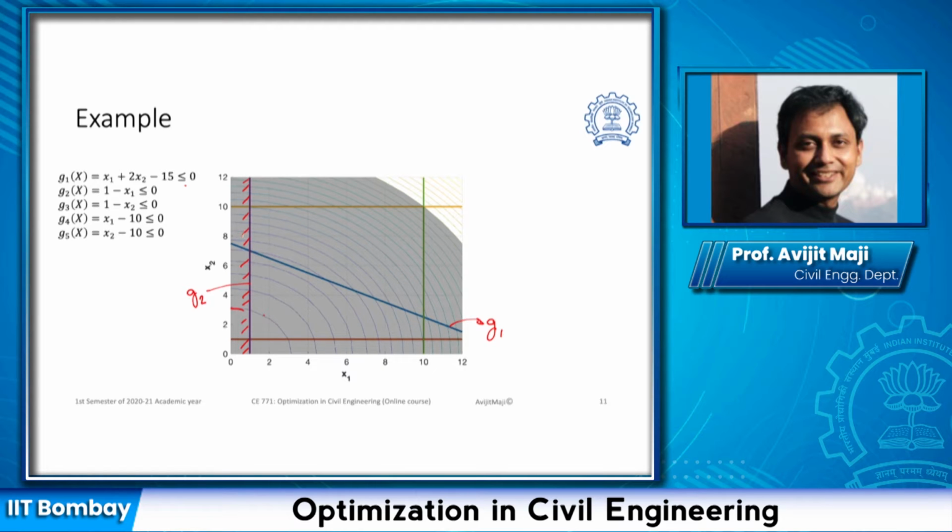Now for the previous constraint, x1 plus 2x2 less than 15, this is my infeasible zone, so the top part of the line is infeasible. My third constraint was when x2 was greater than or equal to 1, which means this line is my third constraint, g3, and the feasible portion is the portion above the line.